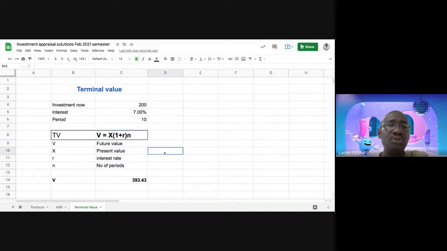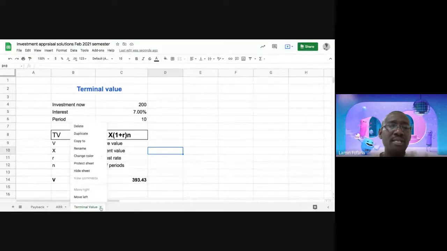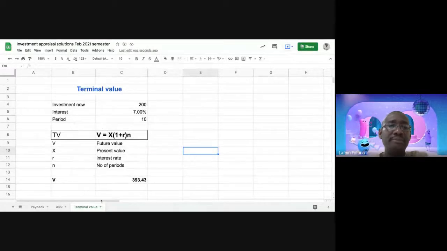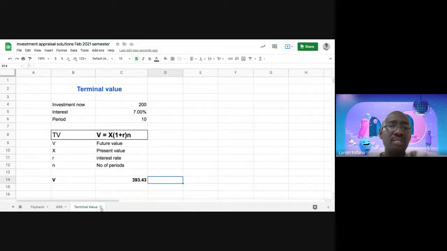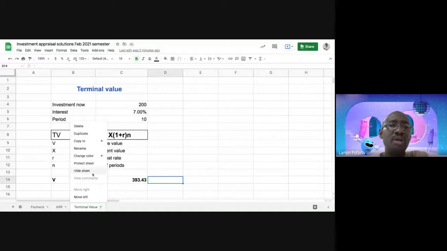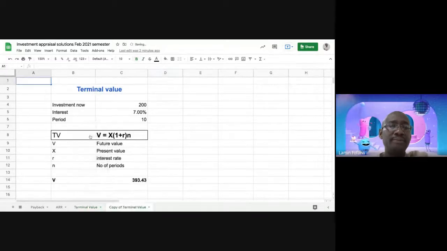So what I'm going to do is duplicate this worksheet. This worksheet is called terminal value. I'm going to duplicate it since I will need some details here. To duplicate it, we click on this little drop-down menu and we say duplicate. It's going to say copy of terminal value.